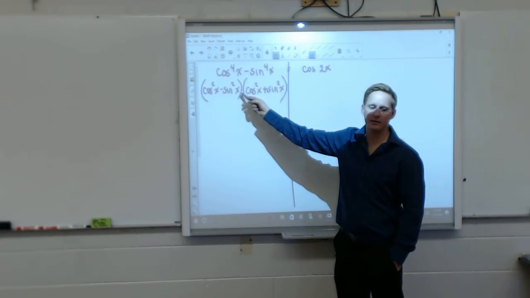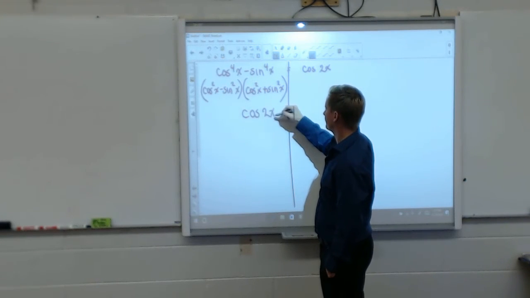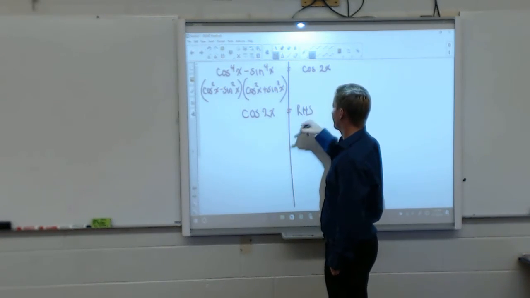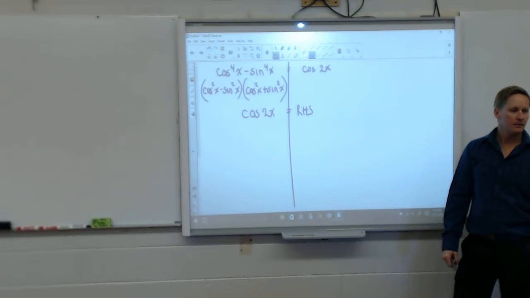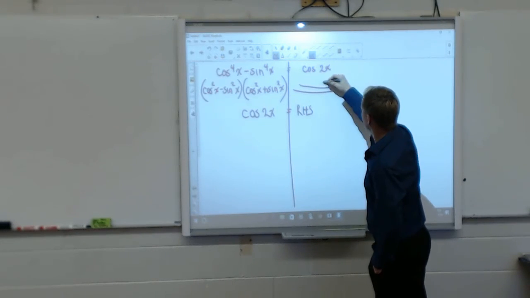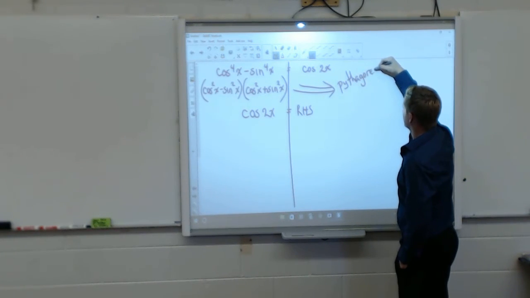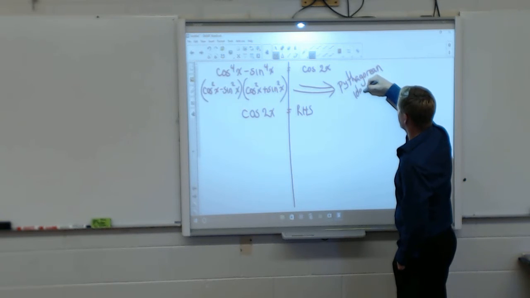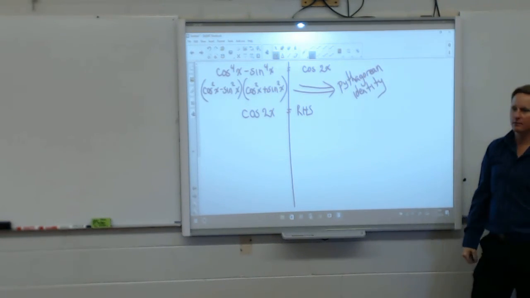Cos squared minus sine squared x, which is cos 2x. I'm done. One step. You had to identify the Pythagorean identity after you did difference of squares. Okay?